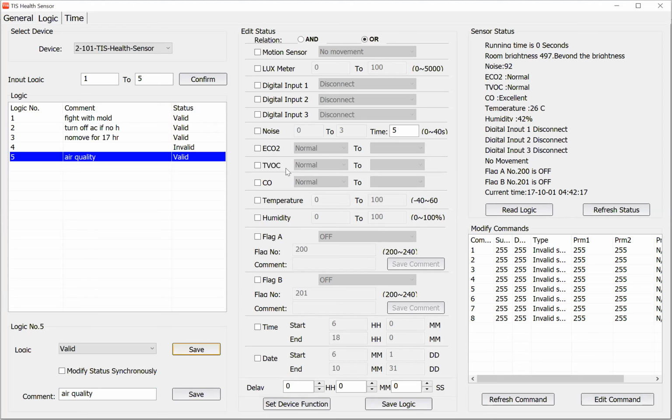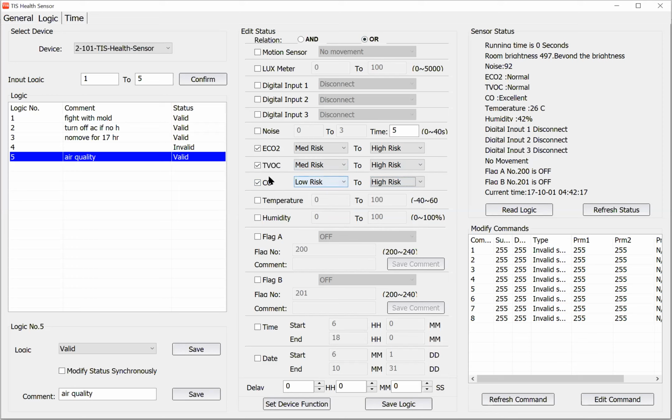Okay. Here I want to program: if the CO2 is between medium risk to high risk, or look at this relation, or the VOC is between, for example, medium risk to high risk, or CO is from low risk to high risk. Look at here, the CO is very, very dangerous.